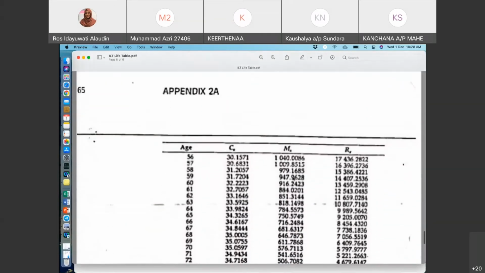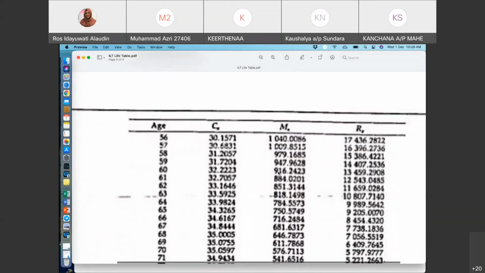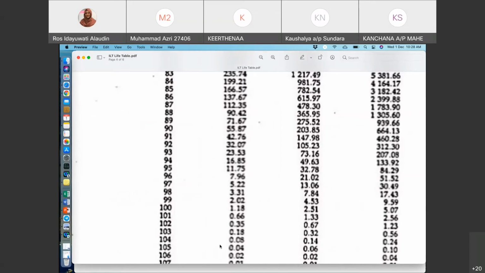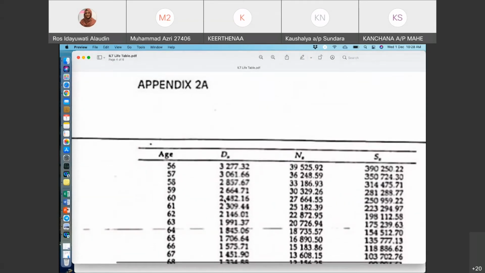So M60 here is 916.2423. So divide with D60. So we find D. Okay, D here. So D60 is 2432.16. So you divide, so you can get the A60.